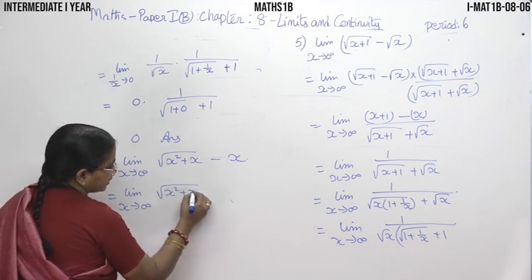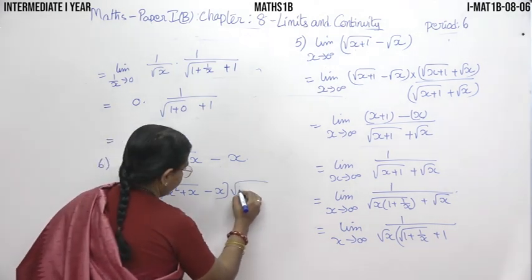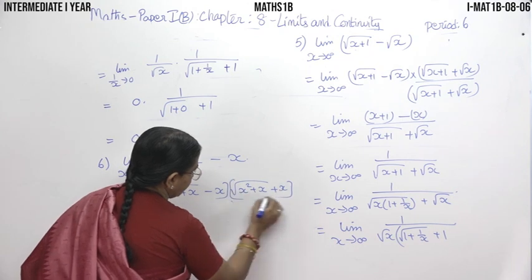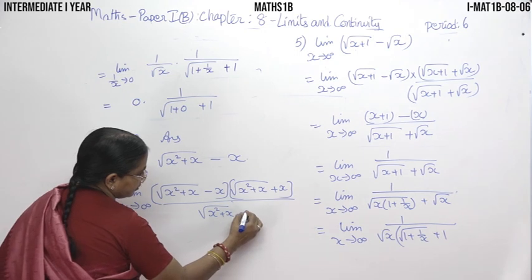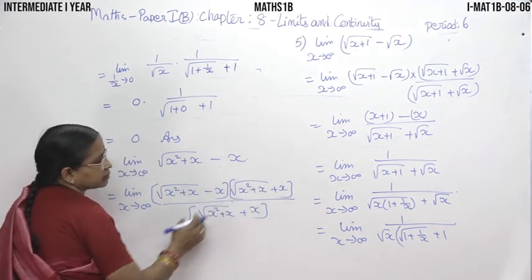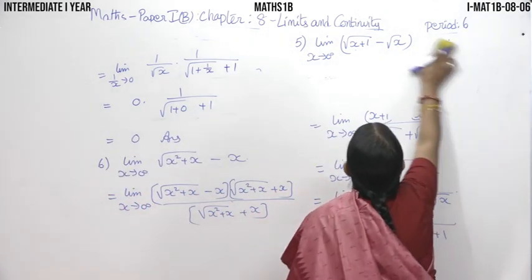Multiply and divide by, rationalize: root of x square plus x plus x. So now this is in the form a minus b into a plus b. Same procedure. You can try, or else we'll do complete.